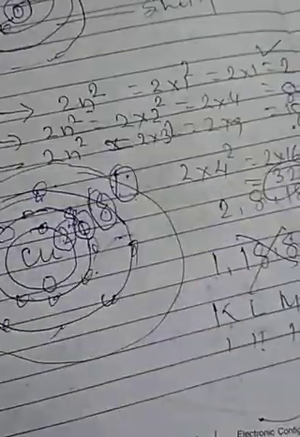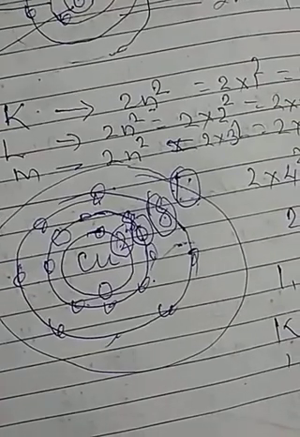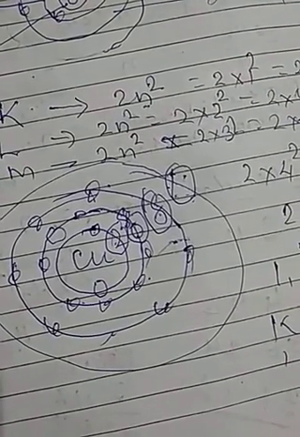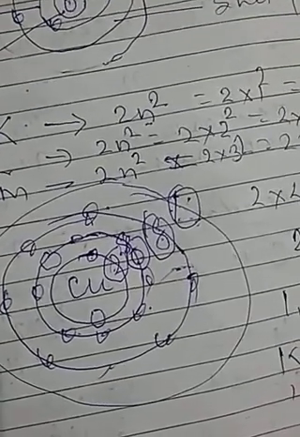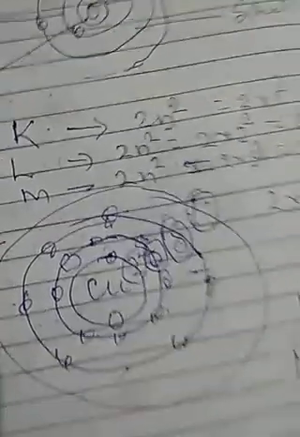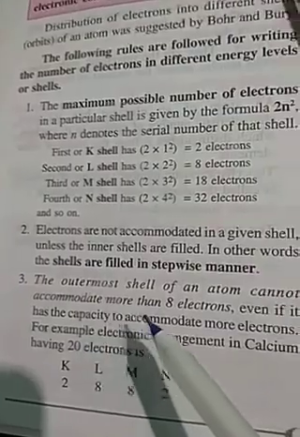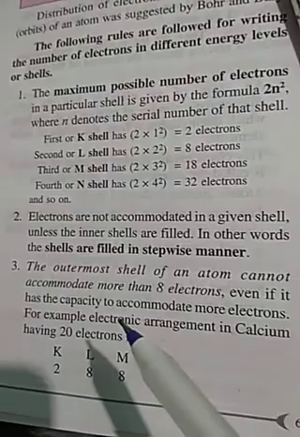It has the capacity to accommodate 32 electrons, but no atom can have more than 8 electrons in the outermost shell. The outermost shell of an atom cannot accommodate more than 8 electrons, though it may have the capacity to accommodate more.